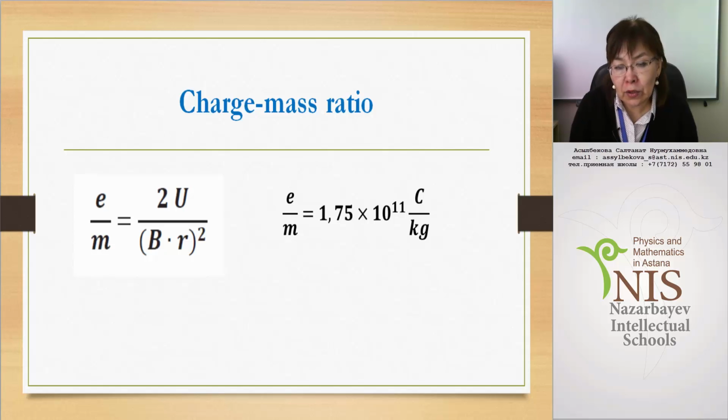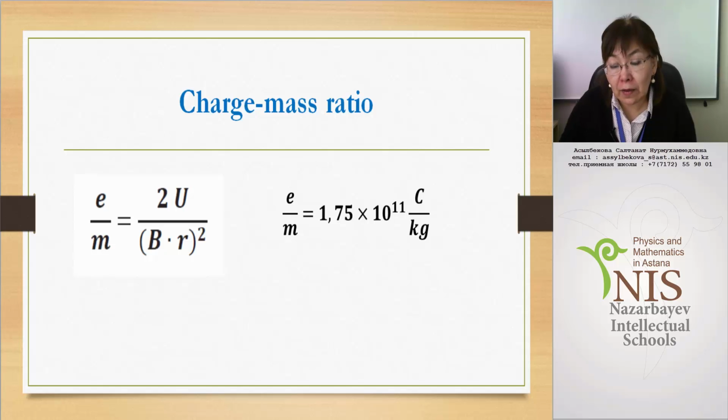The ratio of the charge of the electron to its mass has been found in terms of the voltage applied to the deflection plates and the value of the magnetic field which was produced by the magnetic coils.